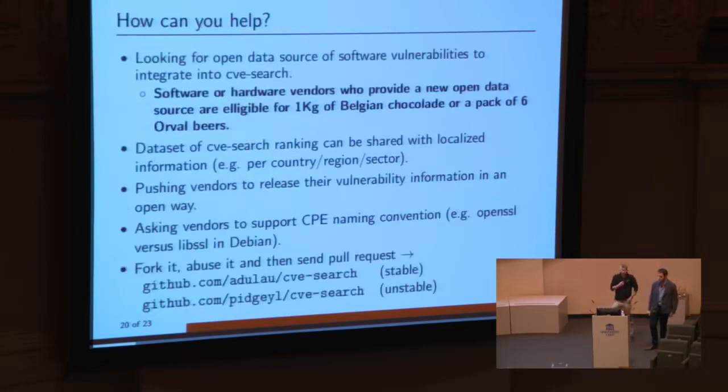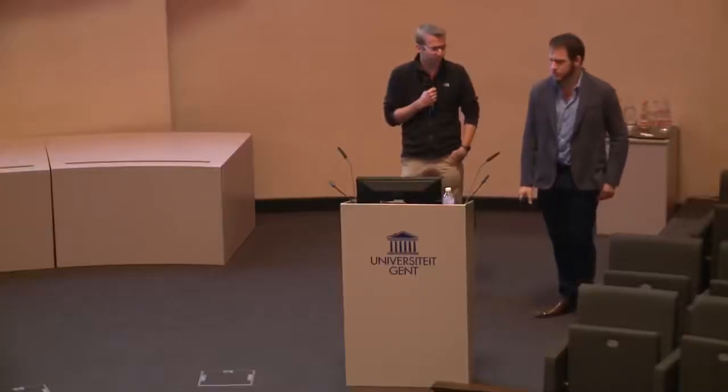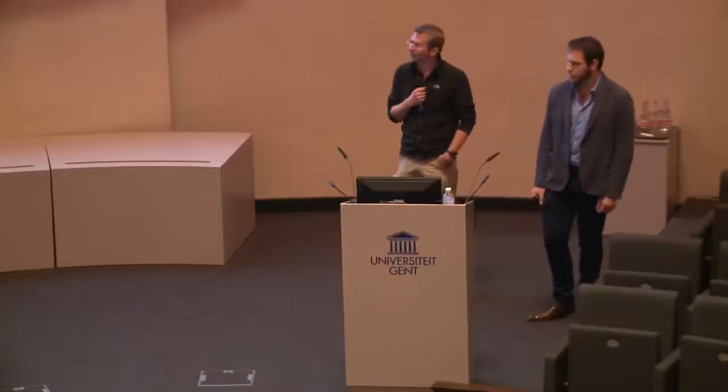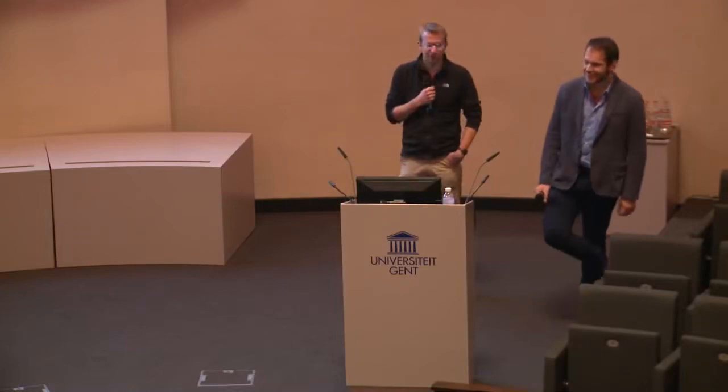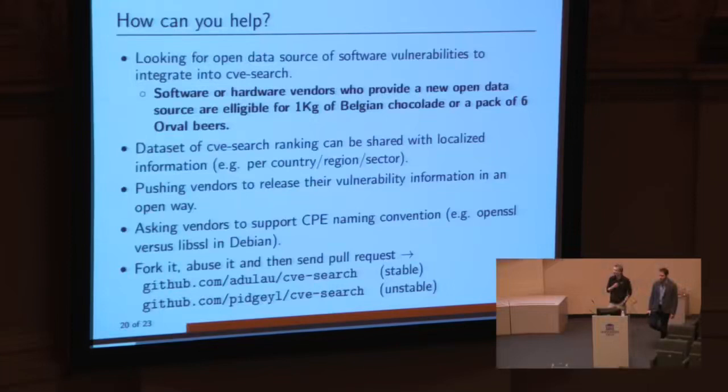Okay, this one is, for us, I think, the most important one. It's looking for open data sources of software vulnerabilities. And I think both of us faced the daily situation where we had wonderful websites from vendors, using Flash sometimes, publishing sometimes reports in PDF documents with their vulnerabilities. So there's no easy way to parse their information and to collect the information.